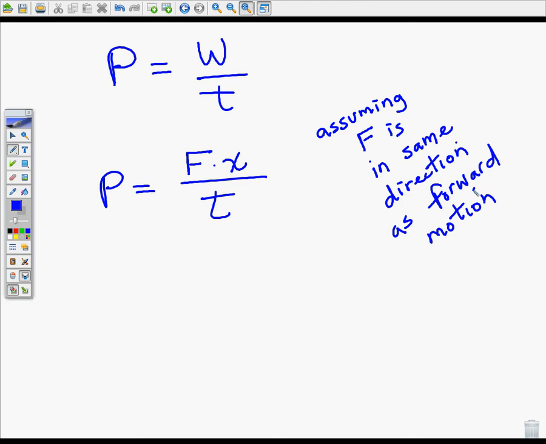And we could rewrite this formula algebraically just by pulling the F forward out of the fraction. So it's F times x over t.